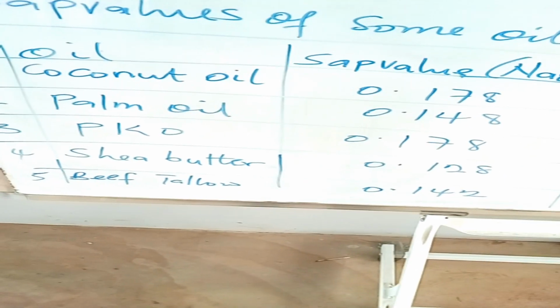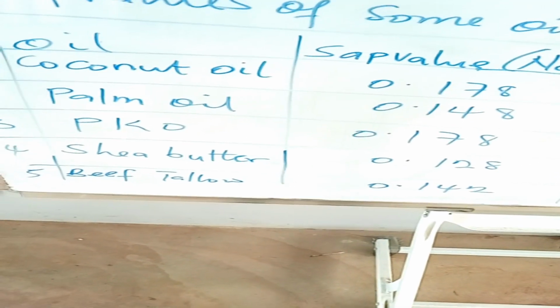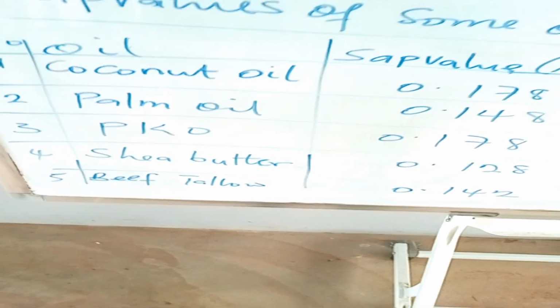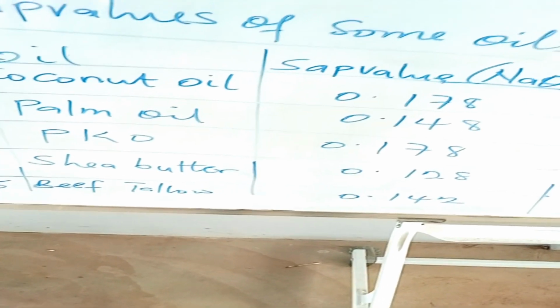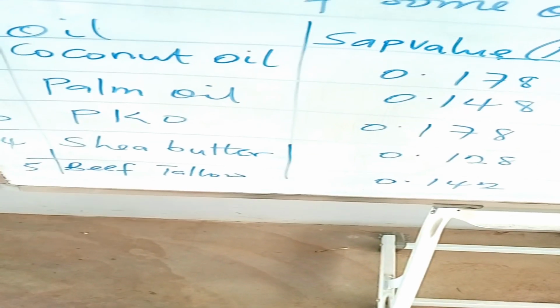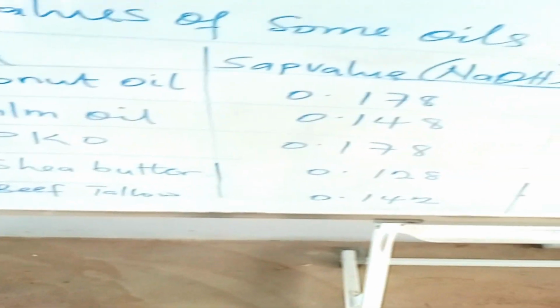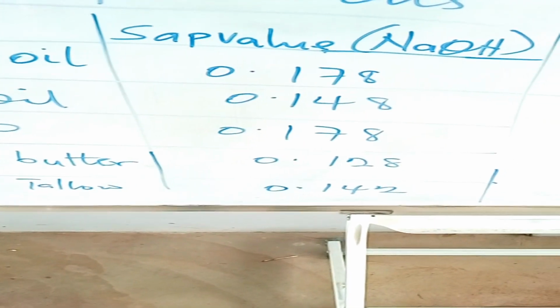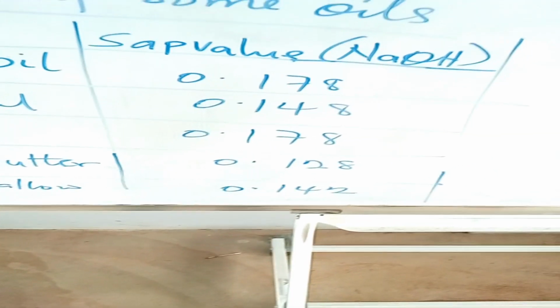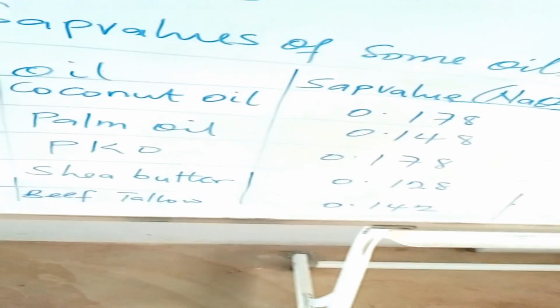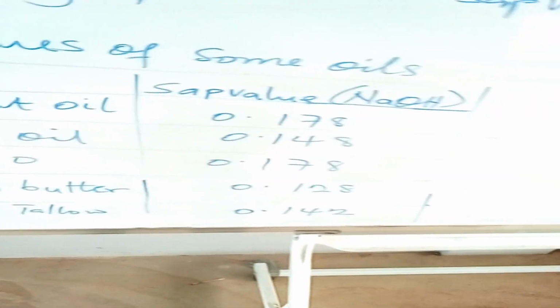PKO, that's palm kernel oil, the sap value is 0.178. Shea butter has a saponification value of 0.128. And beef tallow also has a saponification value of 0.142. So those are the saponification values for the oils that we have.